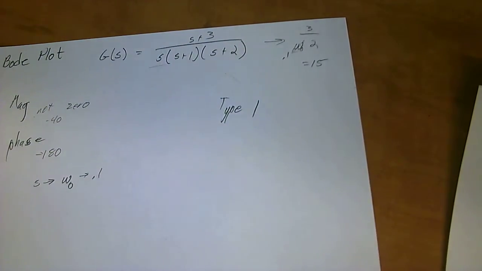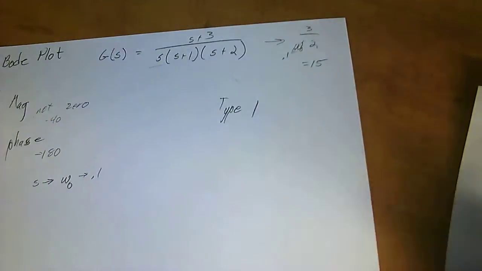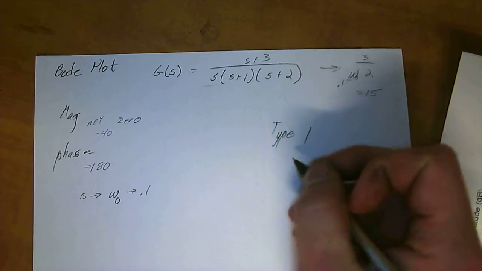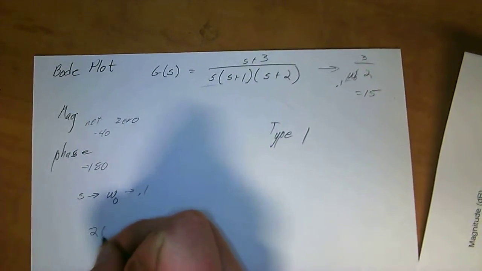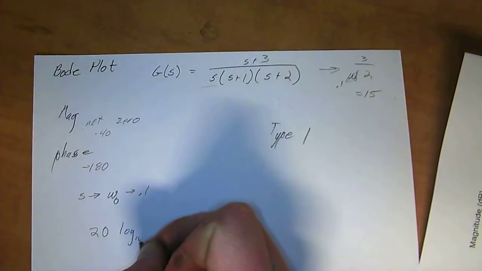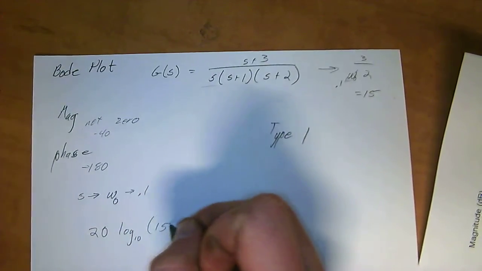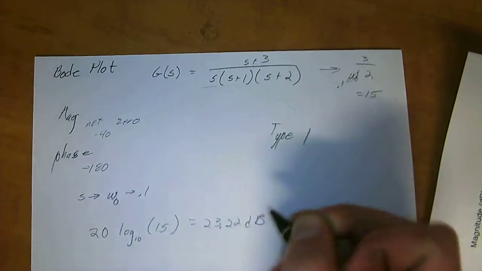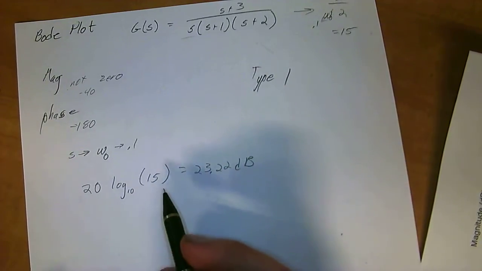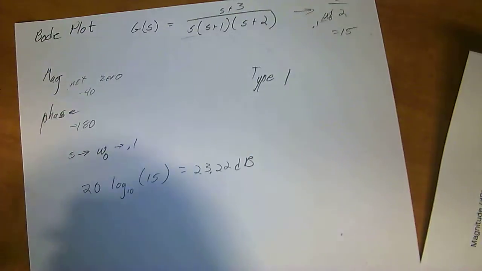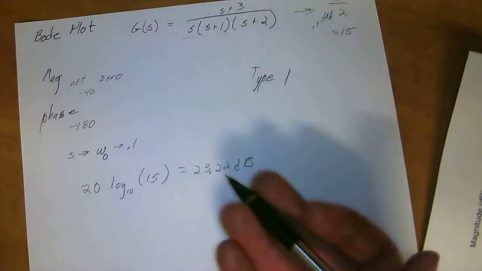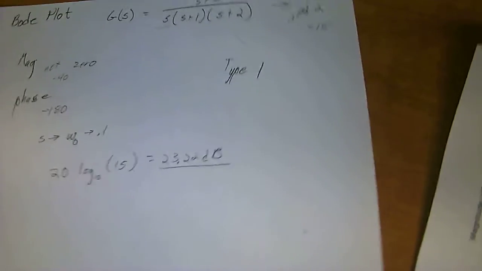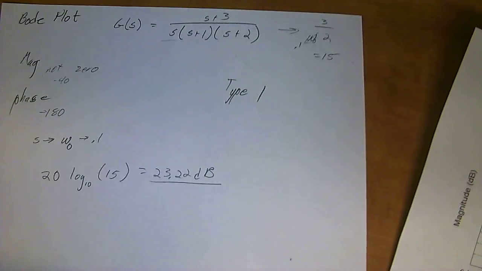In order to turn it into decibels, the original set of decibels for our magnitude plot, we take 20 log 10 of 15, and this will equal 23.22 dB. This is just the translation between the units and decibels, so if you're curious about that, you should know this conversion. So for our magnitude plot, we're starting at 23.3.